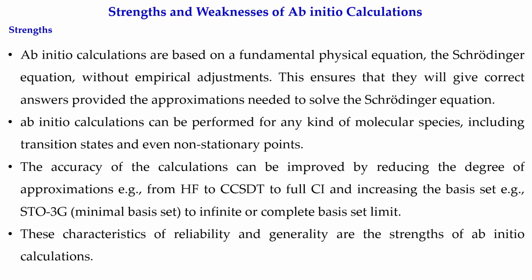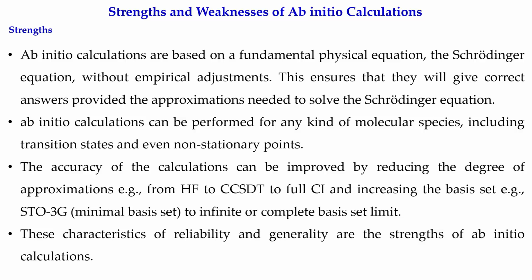So this ensures that they will give correct answers, provided the approximations needed to solve the Schrodinger equation. Ab initio calculations can be performed for many kinds of molecular species, including transition states and non-stationary points, because they can explain reactivity and reactions, since they consider the electrons explicitly. So all the bond breaking and bond making phenomena can be explained here.